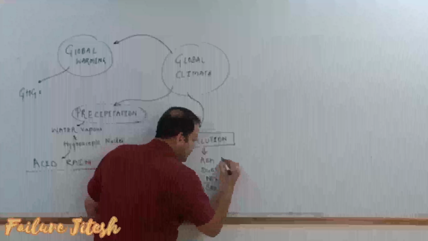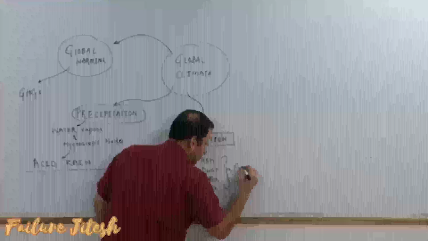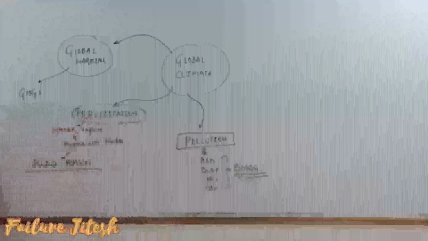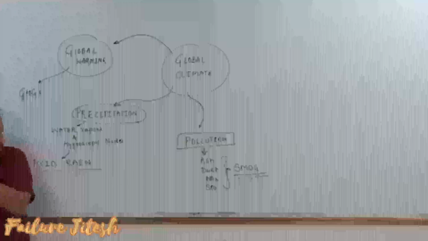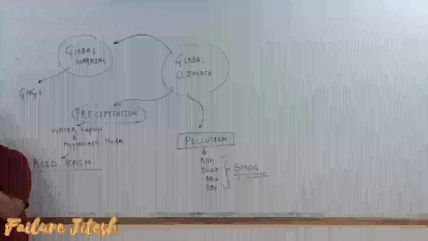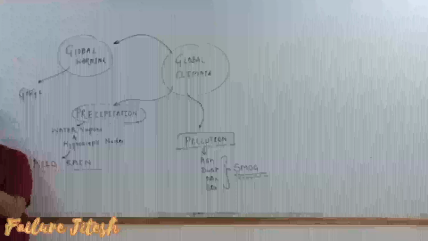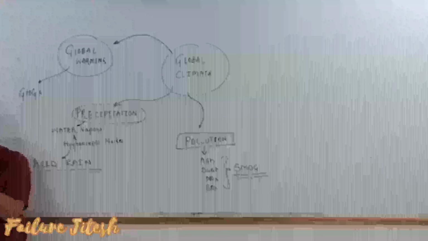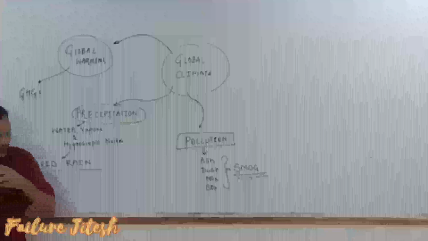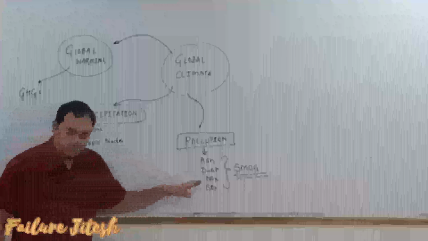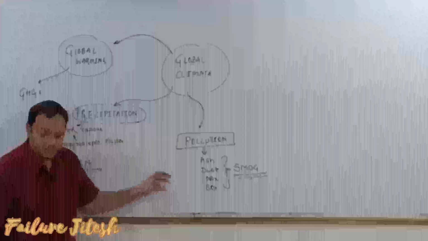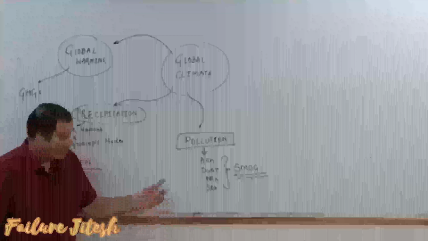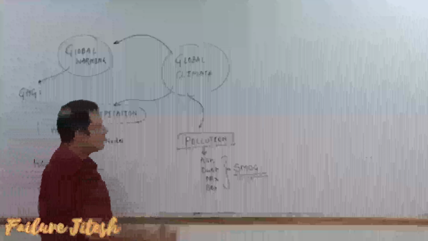All this will result in the formation of smog. It will result in the formation of smogs. And NOx gives photochemical smog, SOx gives classical smog. So NOx ka smog is more dangerous because it results in smog which is there even during the daytime when people are outside their houses. That is the photochemical smog.